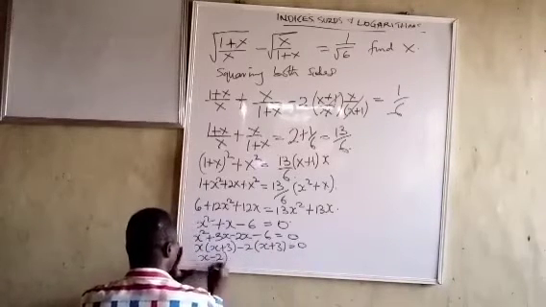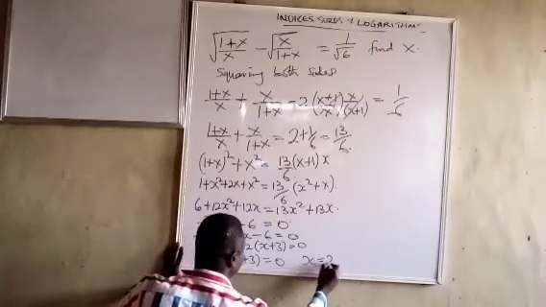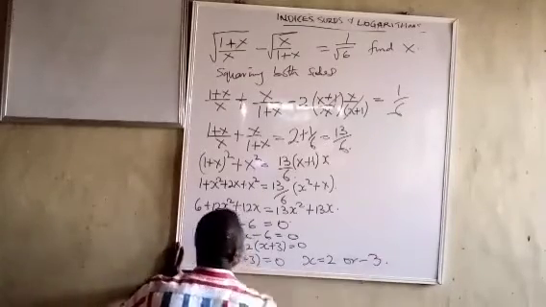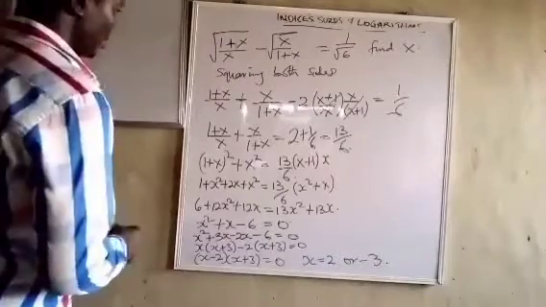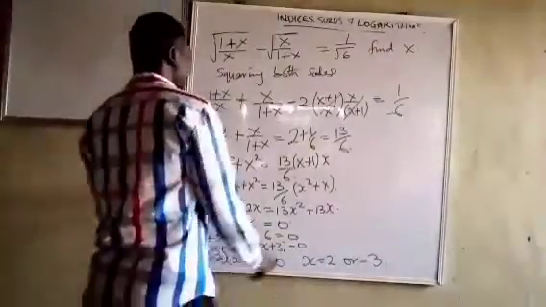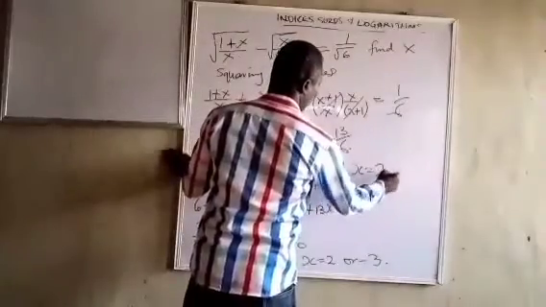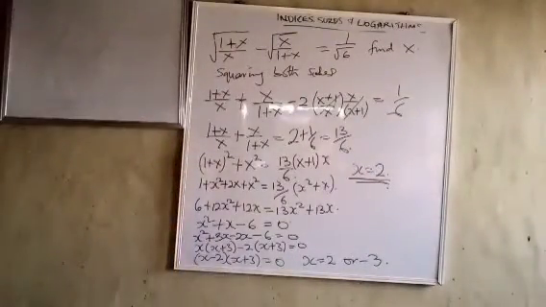So x minus 2 or x plus 3 equals 0. So x equals 2 or minus 3. For this equation, x equals 2 is the most appropriate answer because that one is positive.